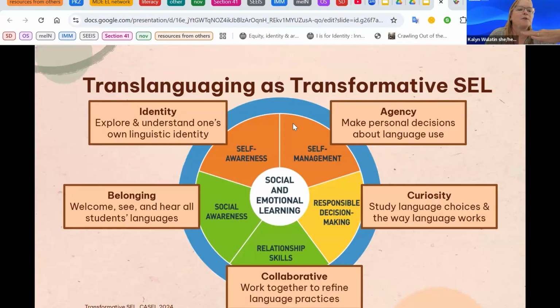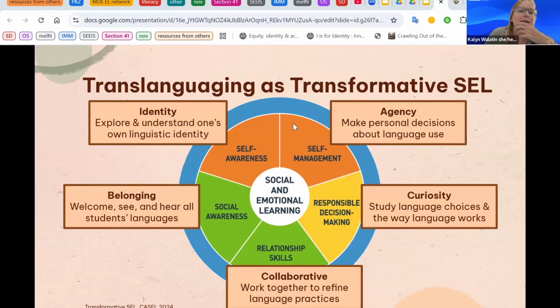Identity, of course, is more than your linguistic identity, but this is taking this framework and showing how well it fits into translanguaging. So looking at identity and knowing that exploring and understanding one's own linguistic identity is a great part of self-awareness and very important in that piece. But obviously, if you're looking at the full scope of transformative SEL, it goes beyond that as well.